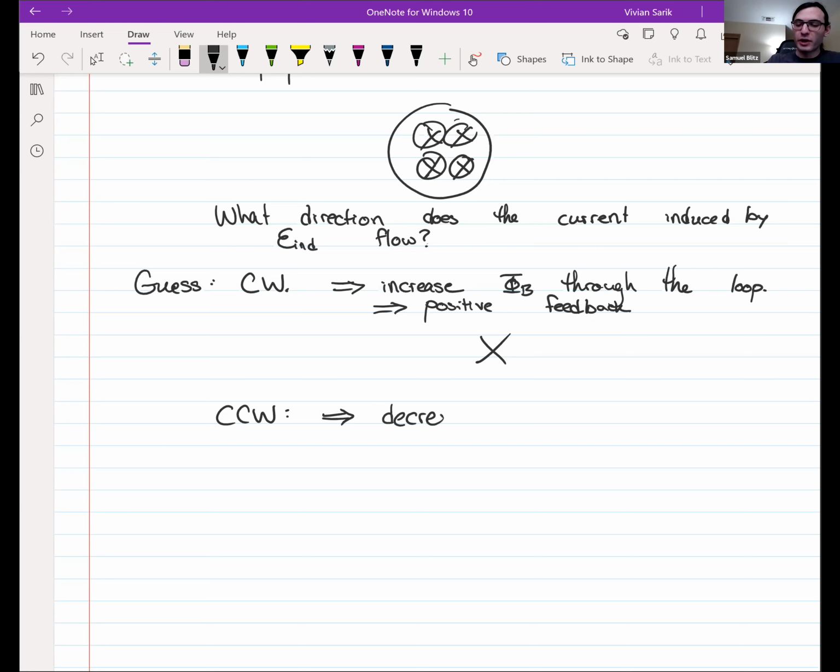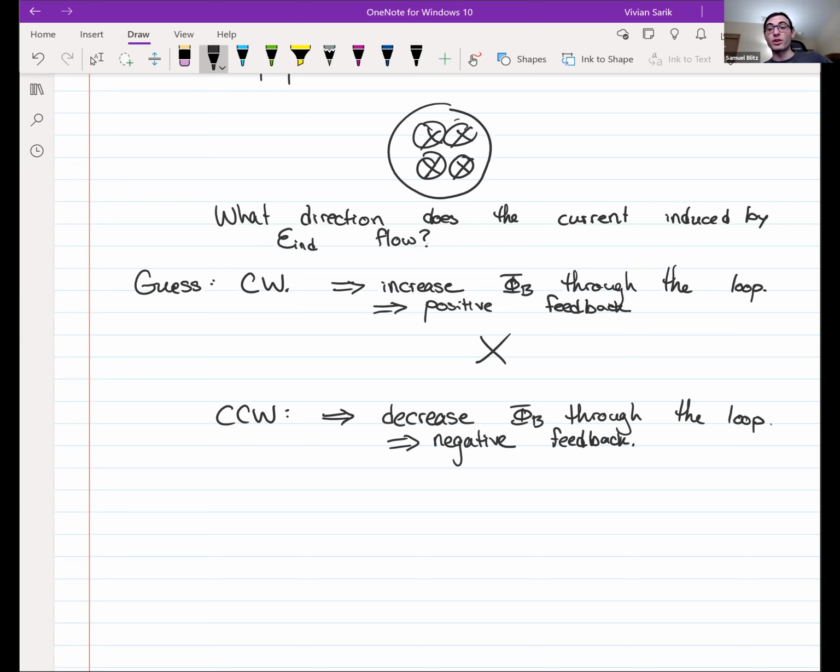So current flowing counterclockwise would decrease the flux through the loop, which would reduce the induced current, which would reduce the correction to the magnetic field, and at the end of the day, it produces a negative feedback loop.